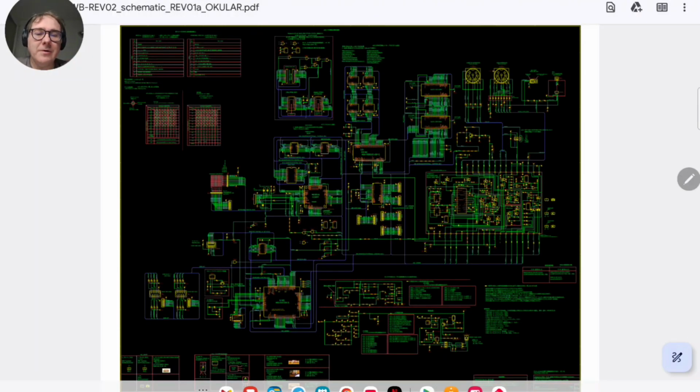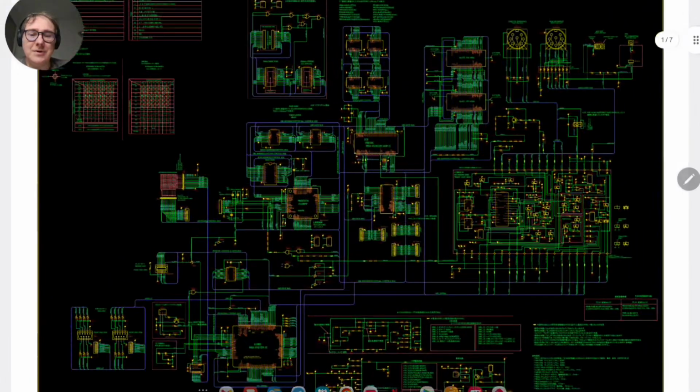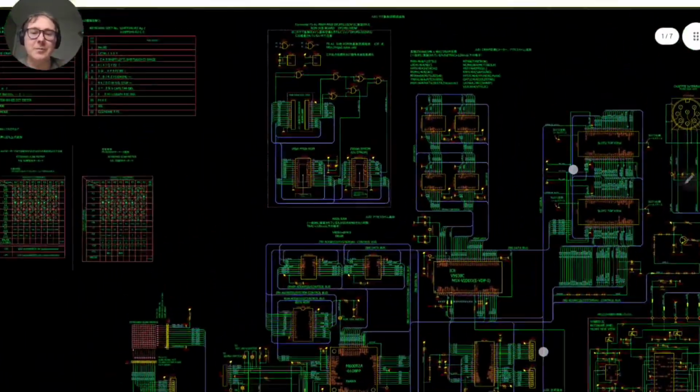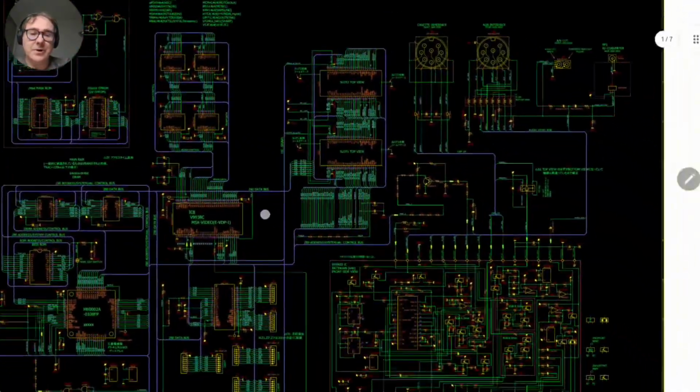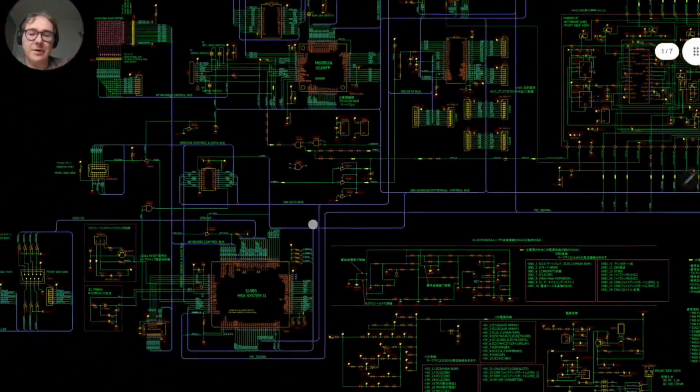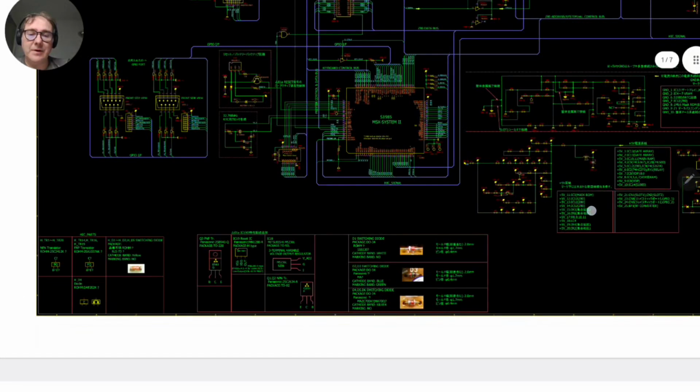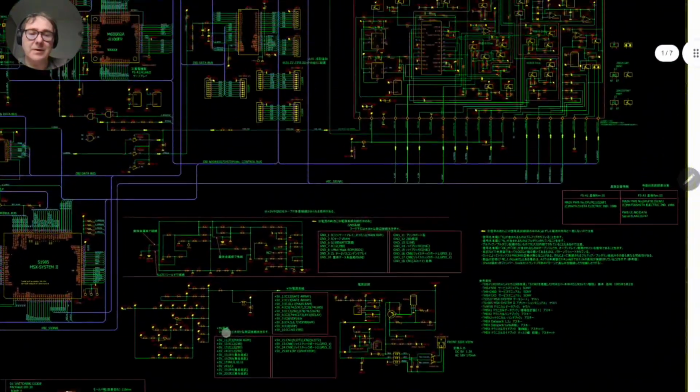Well, we have here the schematic of the computer. As you can see, this schematic is pretty huge, so there's a lot of things in this computer. My idea, as you know, is to explain everything that we have in the schematic.